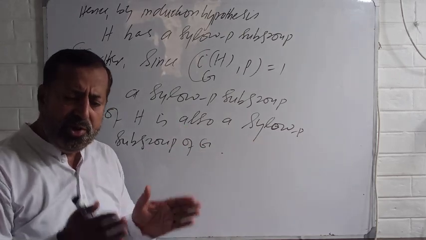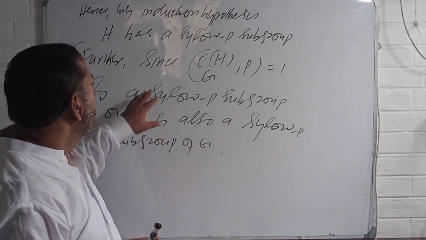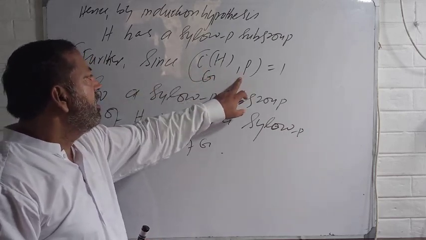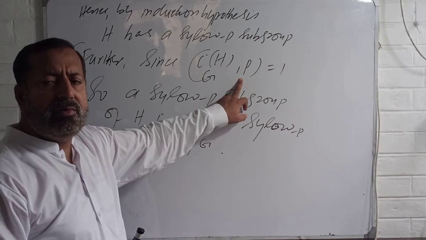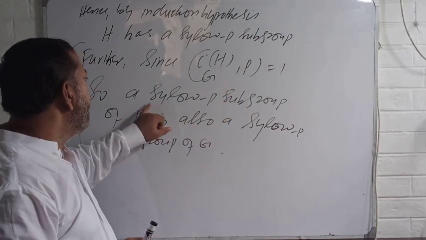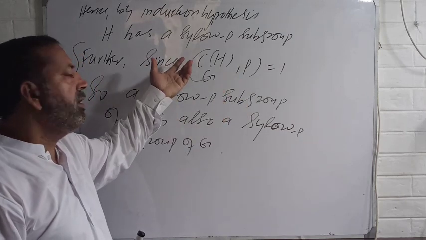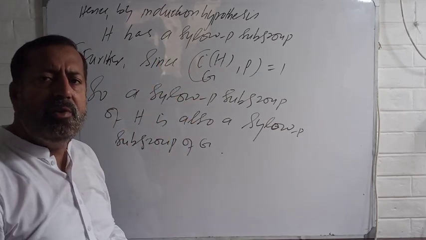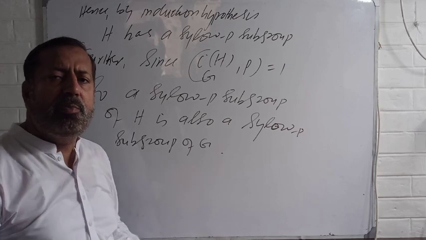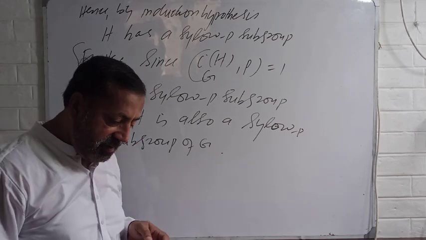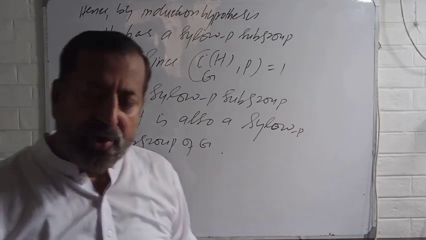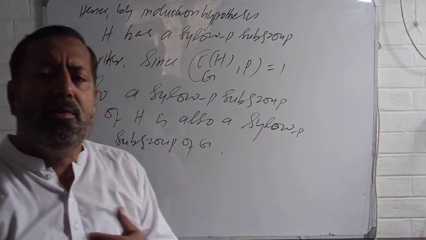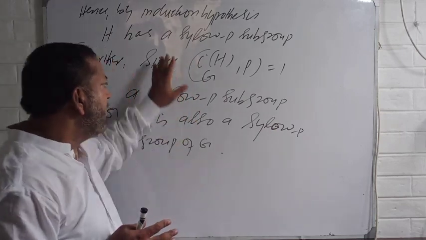This means that you need to show that if index of H in G is relatively prime with P and H is a subgroup in G, and K is a Sylow-p subgroup in H, then K must also be a Sylow-p subgroup of G. Okay, we could have a separate result.